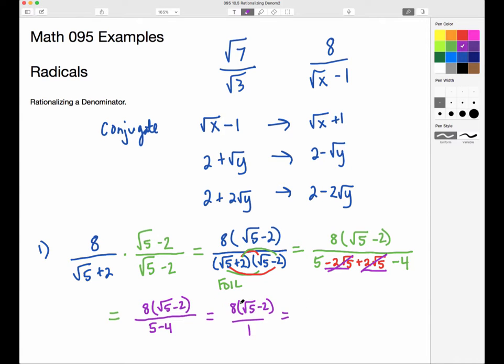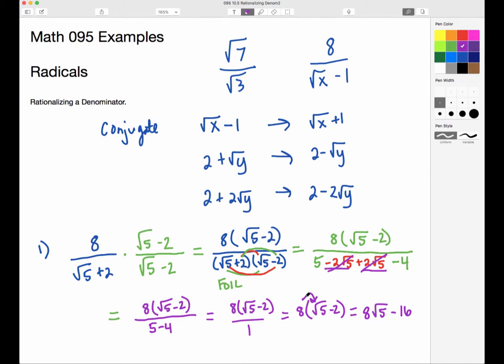So let's actually just write out 8 times the square root of 5 minus 2. And now we'll distribute. Sometimes I like to save this distributing on top for later, just in case I can simplify and I already have a factor. In this case, my denominator disappeared, so I can go ahead and just multiply 8 times the square root of 5 and then minus 16.